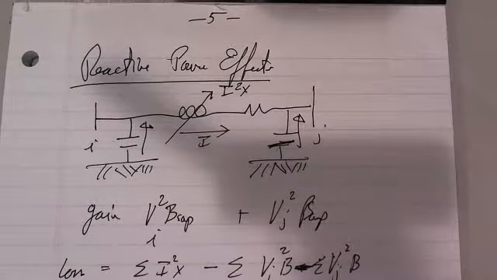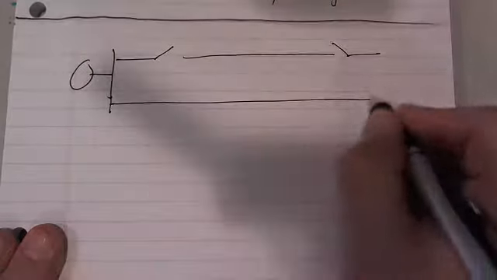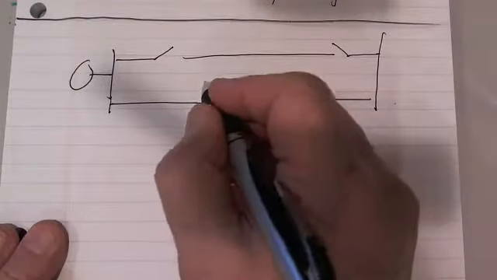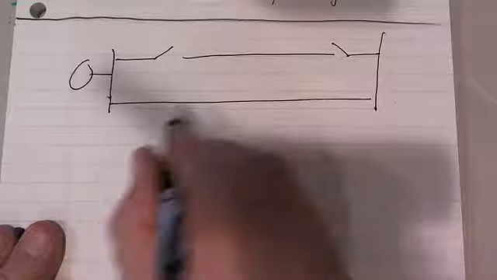Now, the problem with this is that when I lose a transmission line, and here we go, back to our simple example again. We've lost a transmission line. So this is with this line out.